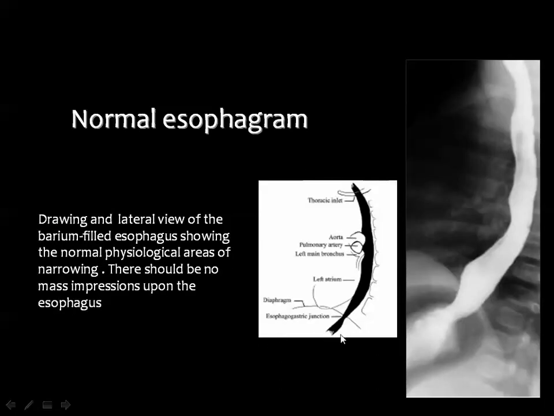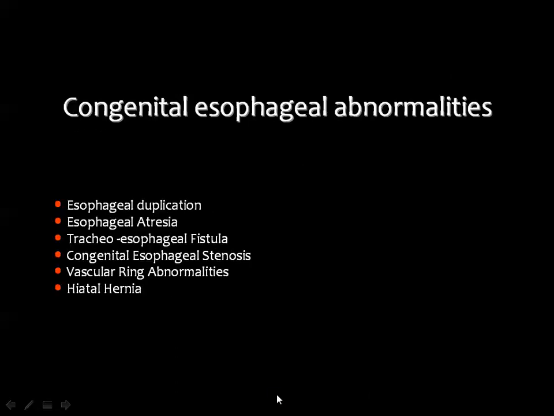If you have the lateral view of the esophagus, there may be some indentations along the anterior aspect of the esophagus, which are usually caused by the aorta, the pulmonary artery, and also the left main bronchus. In the middle third, lower down, you get the impression of the left atrium and maybe the left ventricle if it is enlarged.